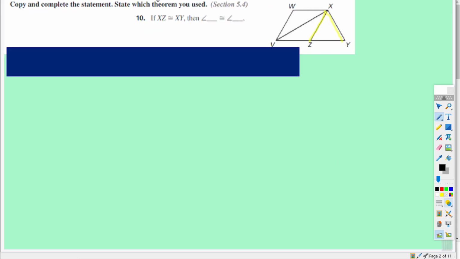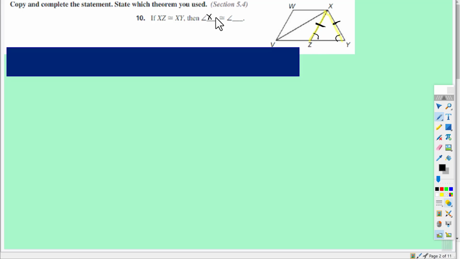And we're going to do the same thing for number 10, except now you have these two sides, so these two opposite angles. So look at what we have. XZ and XY. Yeah.